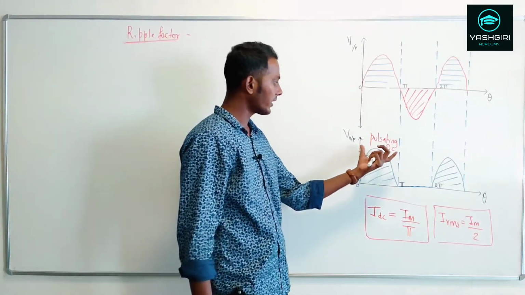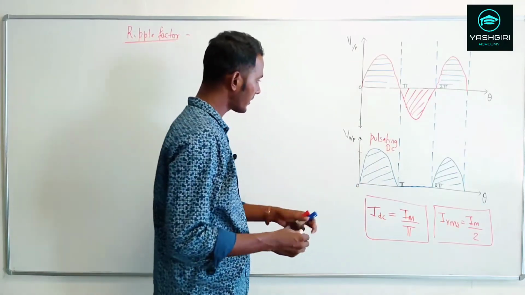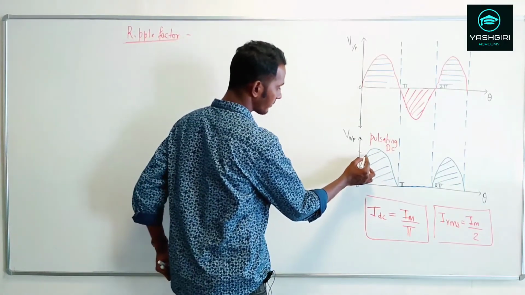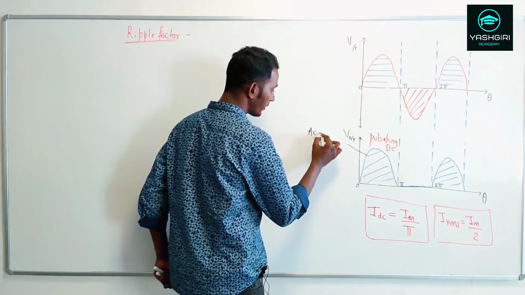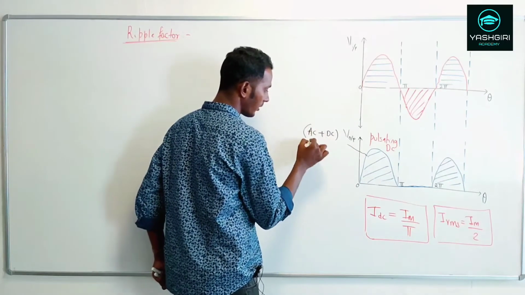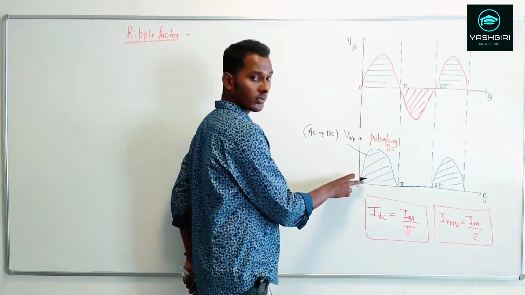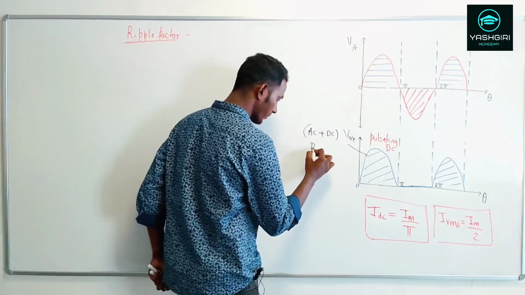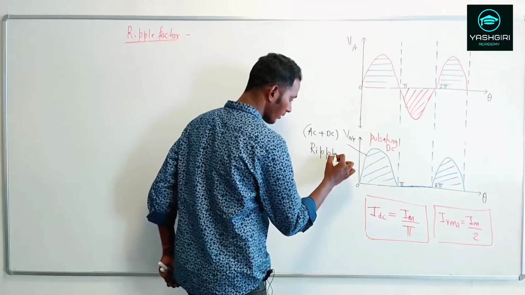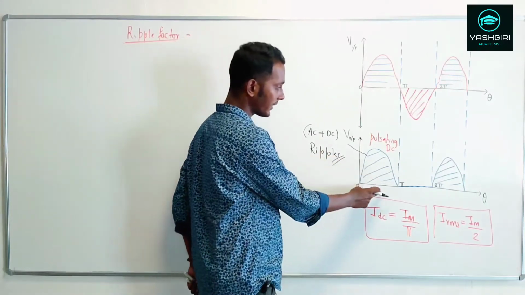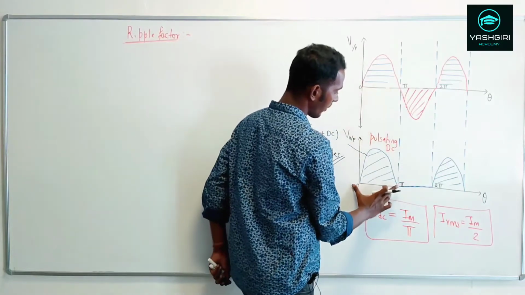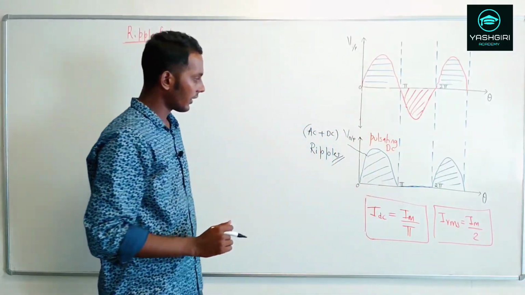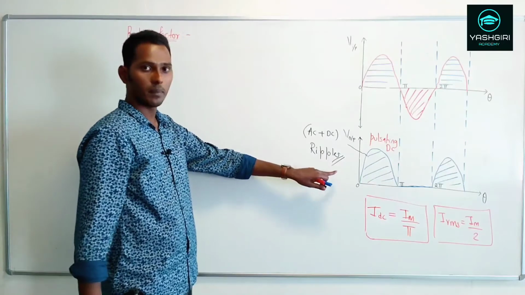A pulsating DC is a superimposition of an AC component plus a DC component, also known as ripples. You see ripples forming here for just a half wave of the input signal. Now, what is this ripple factor?